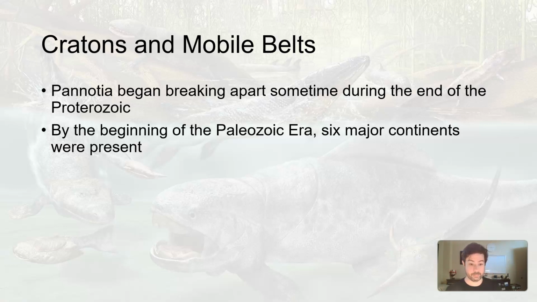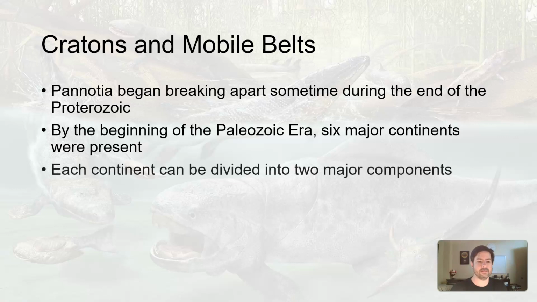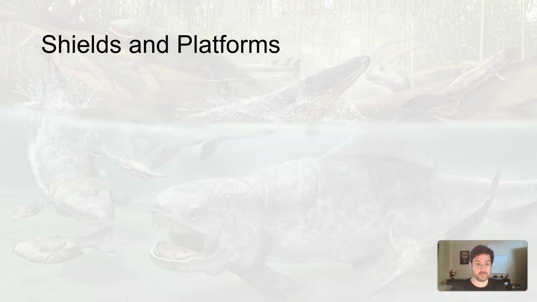Which doesn't seem like a lot, but it is. But anyway, once the Paleozoic era started, there were 6 major continents present. Each continent can be divided up into 2 parts, the craton and 1 or more mobile belts. So we'll get into that.